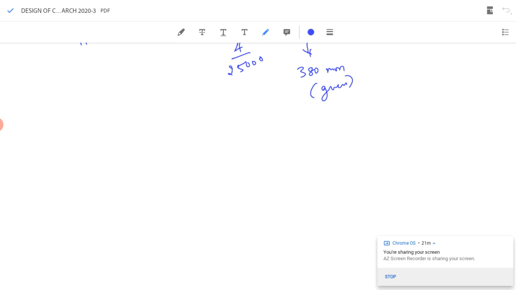So, I will write that equation also: 52.6 by 1 plus 7.27 by T square equal to 2249 by T square.